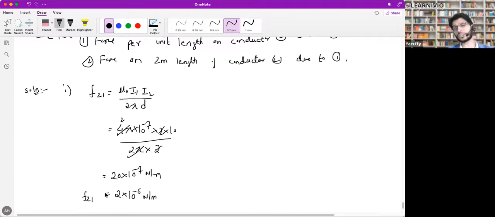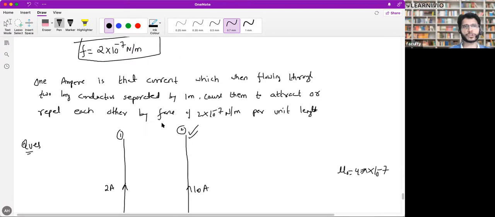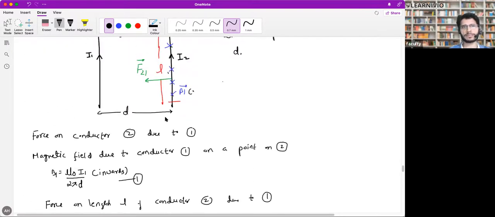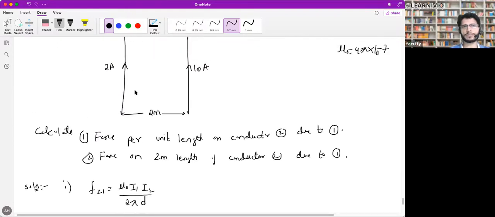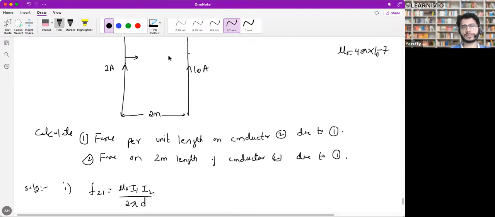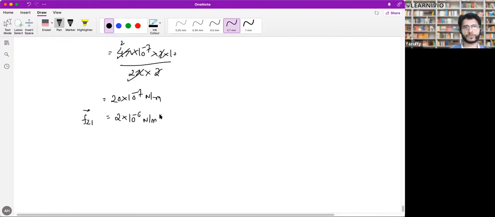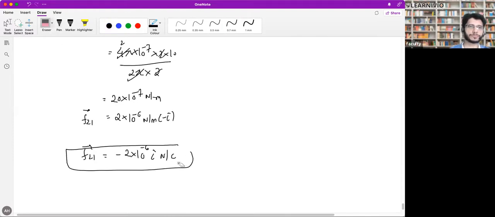If you look at the direction, we have already discussed it in the previous question. This conductor will attract this conductor. Both will attract each other if current is in the same direction. So that's F21, along the negative x-axis, using a unit vector minus i cap. So F21 is minus 2 into 10 raised to the power minus 6 i cap Newton per meter.